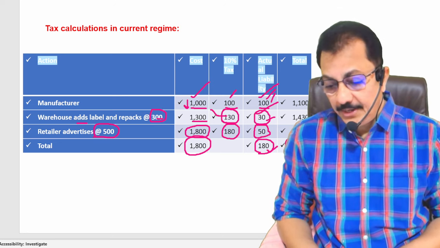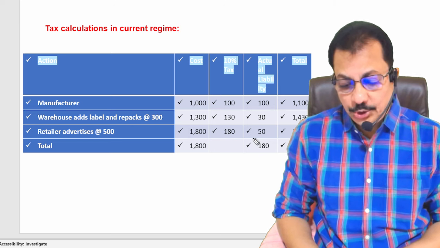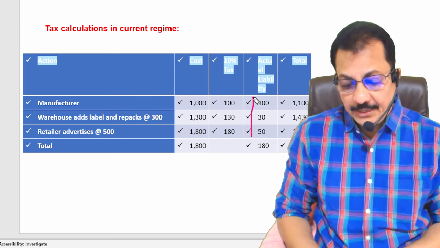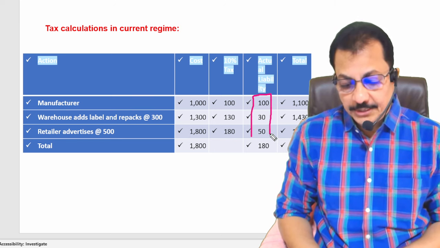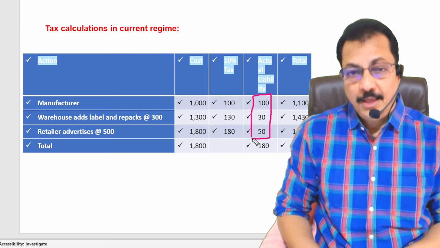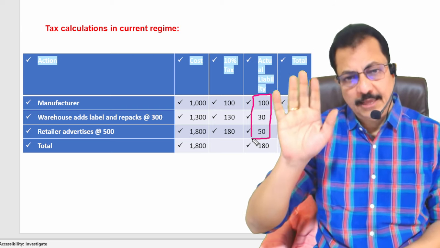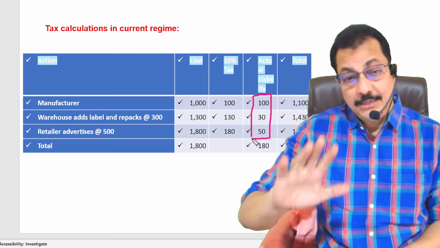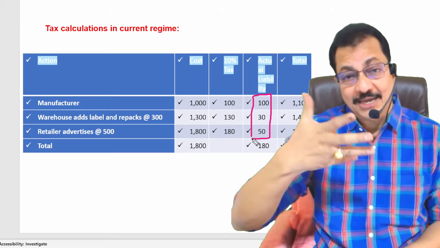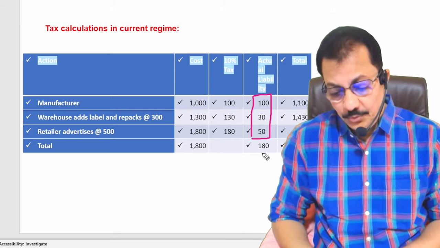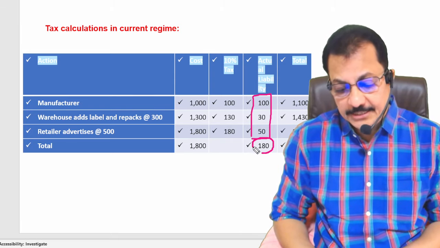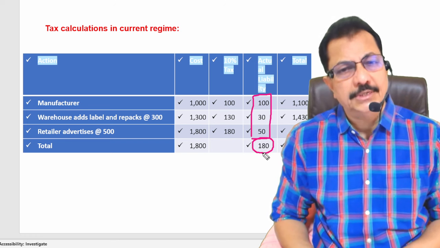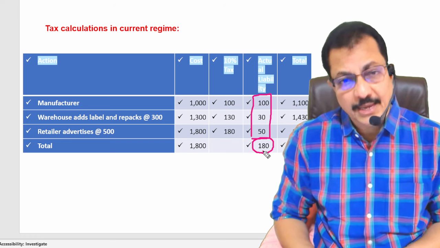And if you observe very clearly, this is the actual liability: 100 rupees, 30 rupees and 50 rupees. And though you are charging at every level 10%, that is being given as input credit. But the final percentage that is being paid by the consumers is 10% only, that is becoming 180 rupees.